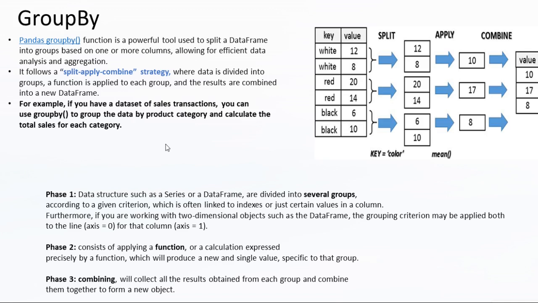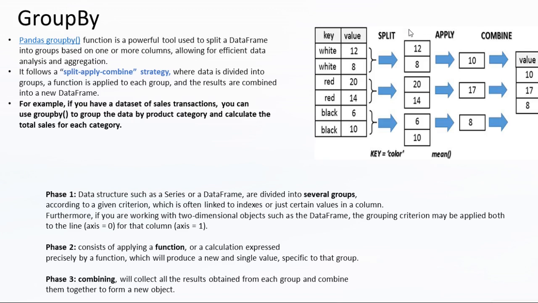So this grouping is our first stage. In the second stage, for each of these categories, maybe I will try to analyze the sales. So that would be the second stage. And finally, I will combine all these results to find out the total sales, right?